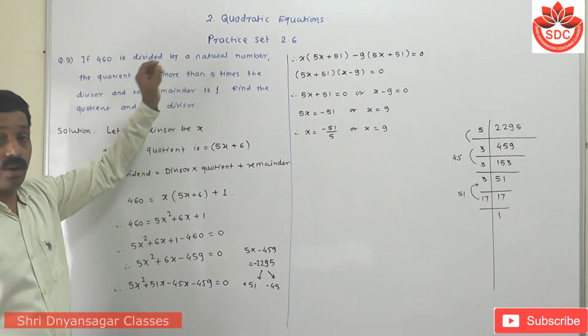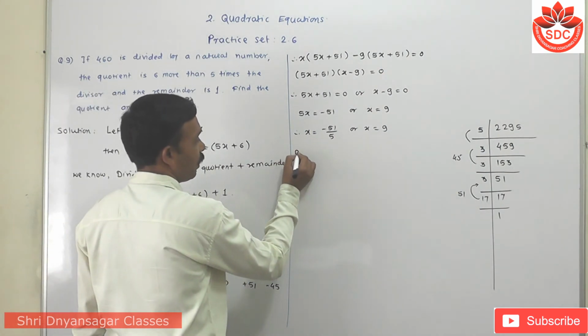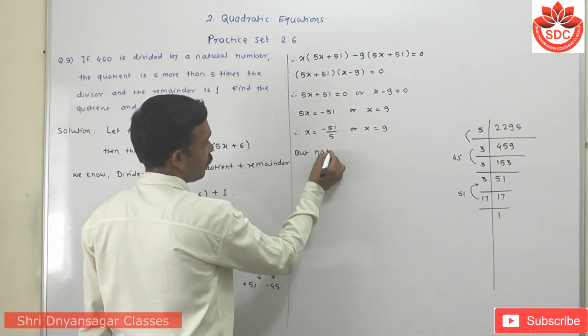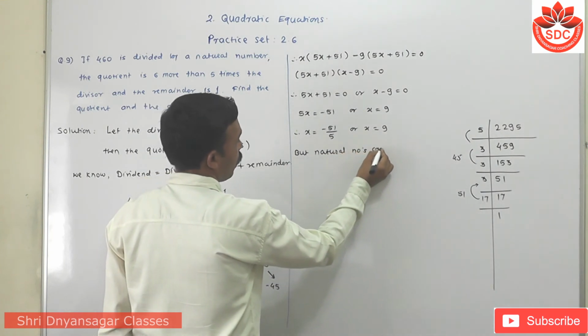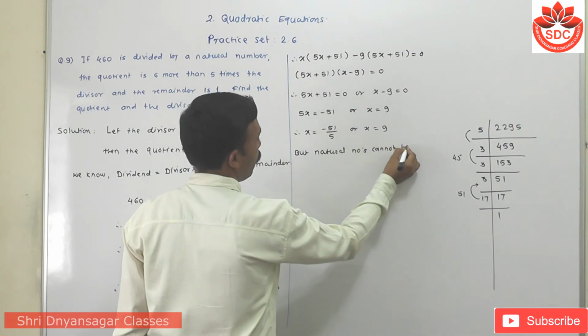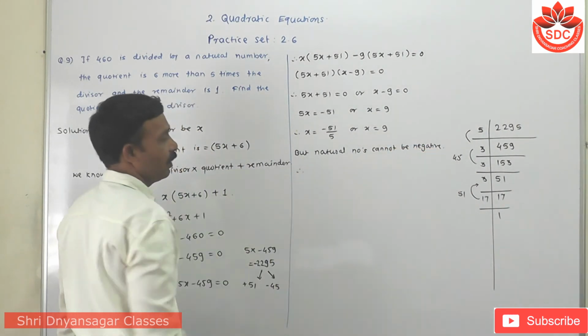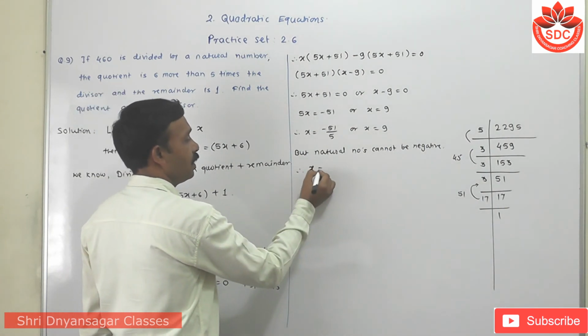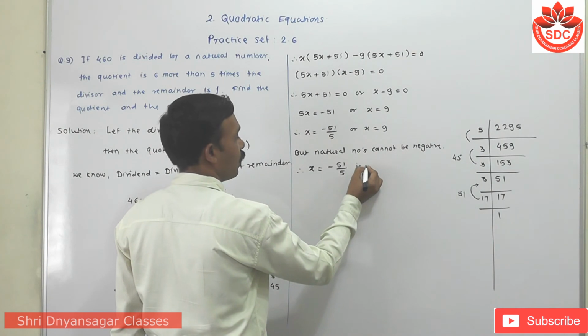All of you know that a natural number cannot be negative. Therefore, x is equal to minus 51 upon 5 is not acceptable, that is, unacceptable.